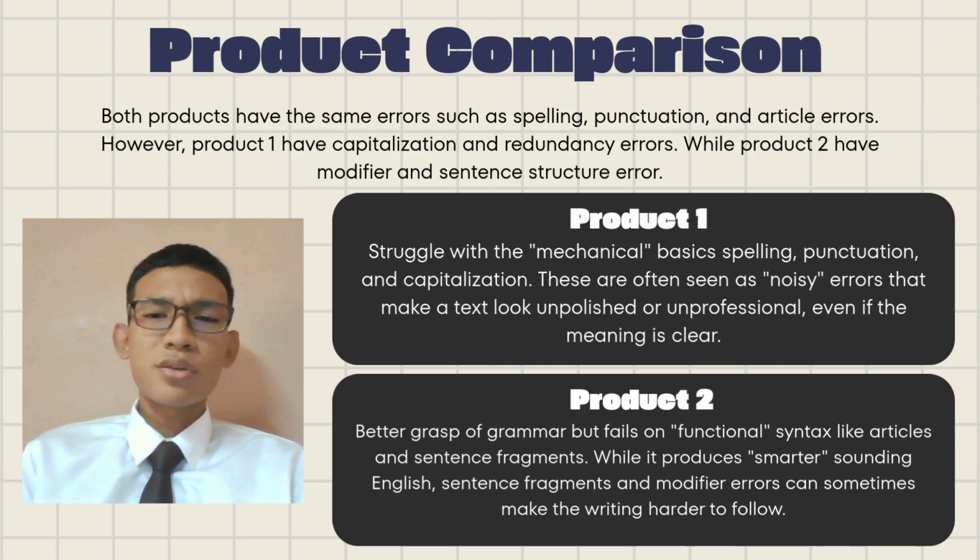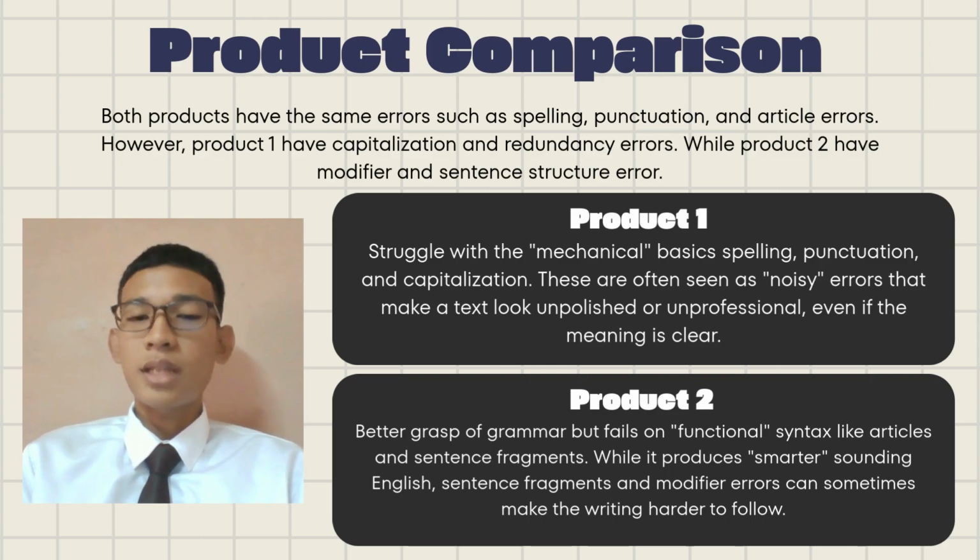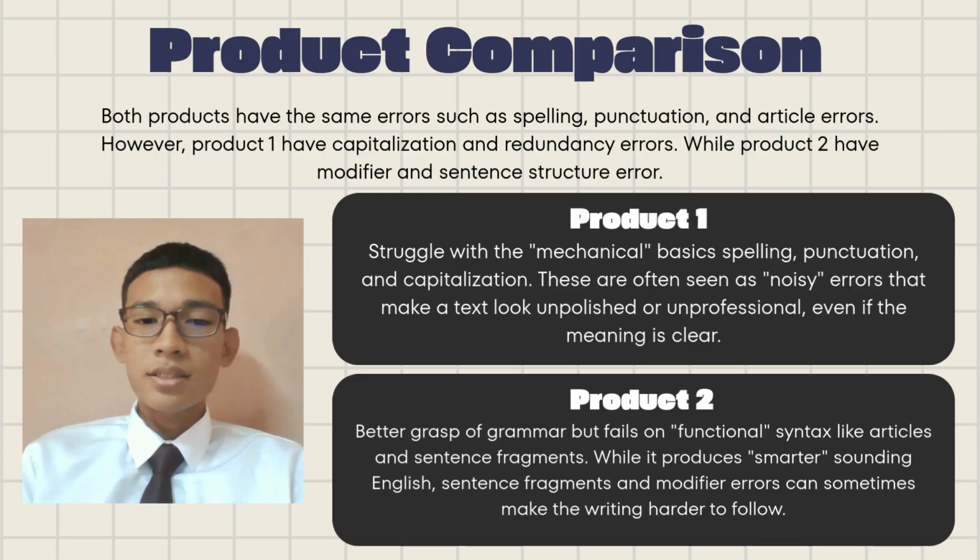These are often seen as noisy errors because they make the text look unpolished and unprofessional, even when the meaning is clear. For product 2, they have a better grasp of grammar, but they fail on the functional syntax, like articles and sentence fragments. Even though it produces smarter-sounding English, the sentence fragment and modifier errors will make the writing harder to follow.